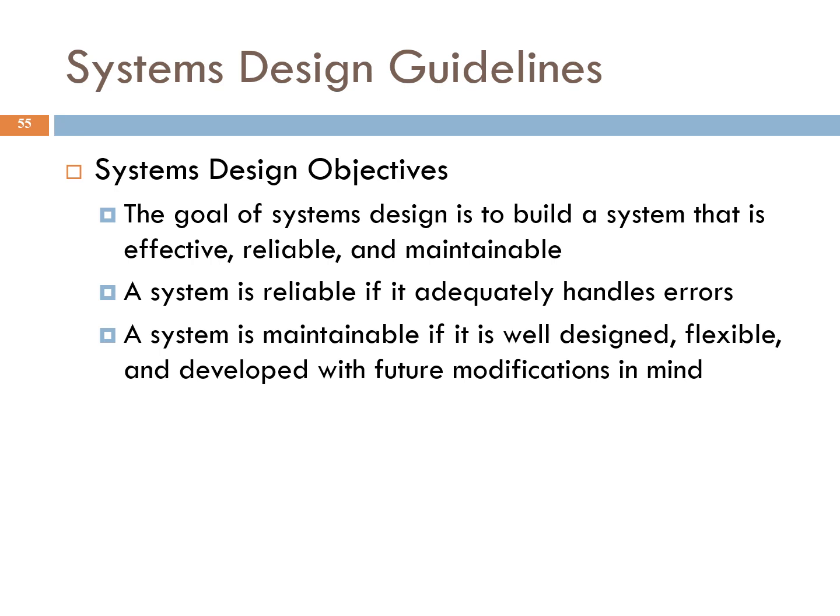A system is reliable if it adequately handles errors, so you can use the system. If an error occurs, the system will be able to recover. A system is maintainable if it is well designed, flexible, and developed with future modification in mind.